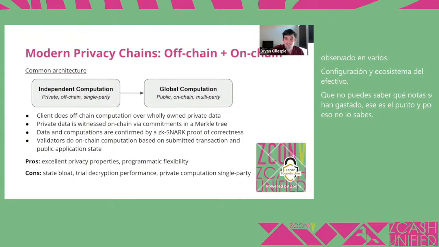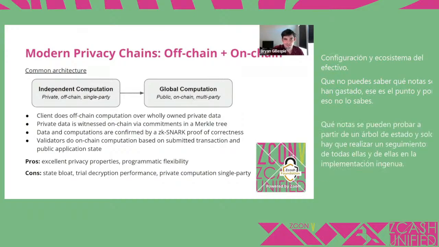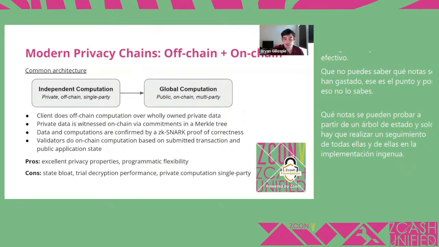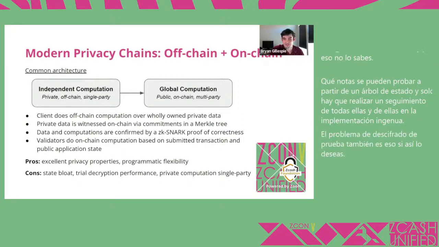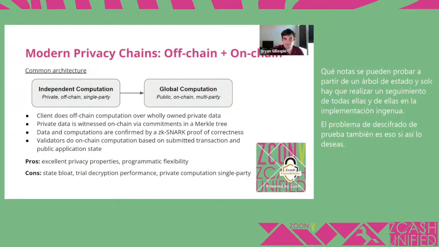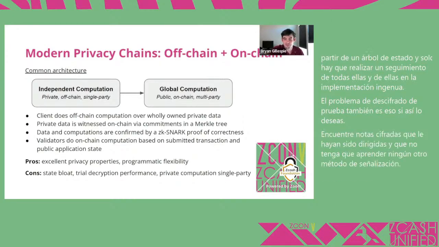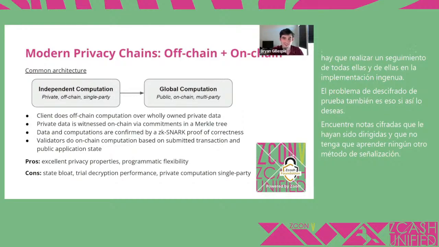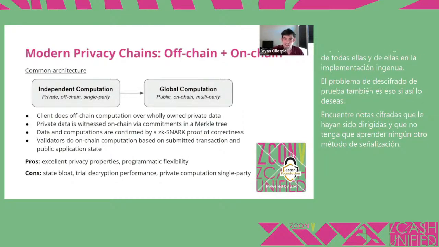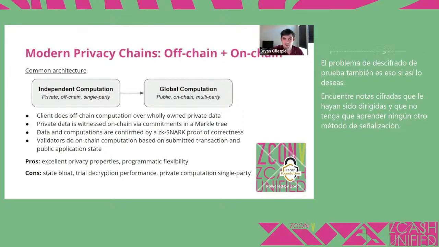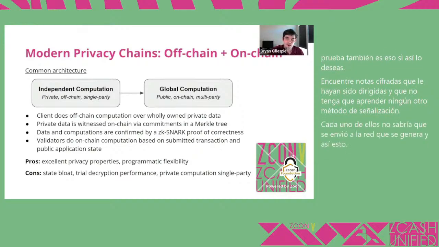Likewise, trial decryption is an issue that Zcash has grappled with, where if you want to find encrypted notes that have been addressed to you and you don't have any other signaling method to learn which notes are for you, then you just have to check whether you can decrypt every single shielded note that's submitted to the network and generated. This linear scaling with the throughput of the network is not great, especially for light clients.